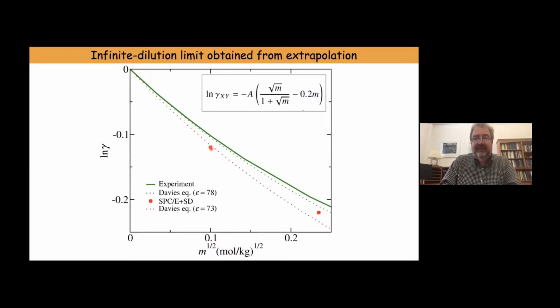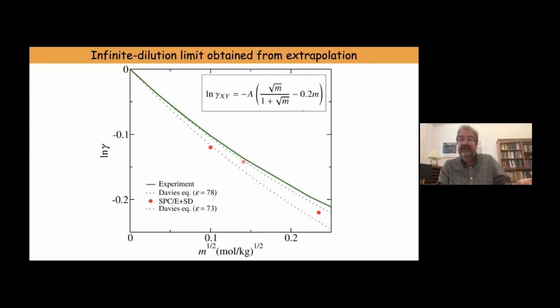This point here, this red point, we expect to follow the Debye-Hückel limiting law. Actually, if we want to be even more accurate, we expect some empirical modifications of the Debye-Hückel law that follow experimental data very well. So this continuous green line is experimental data for sodium chloride, and this dotted line is this equation, called the Davies equation, with the appropriate dielectric permittivity of water, and you can see that it follows experimental data very well.